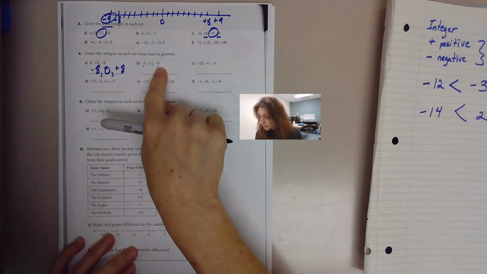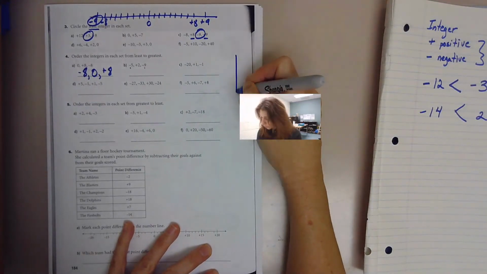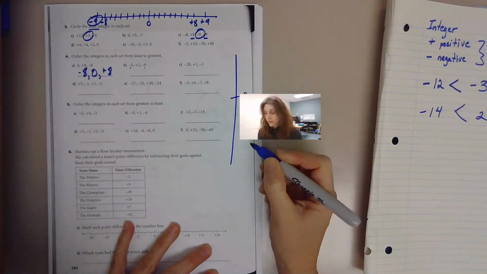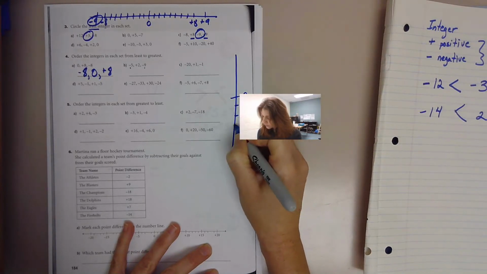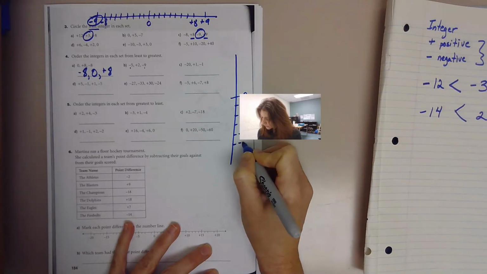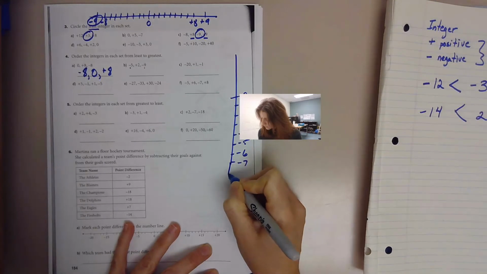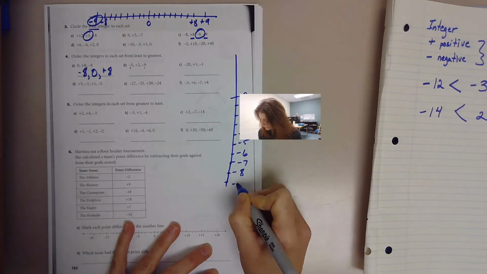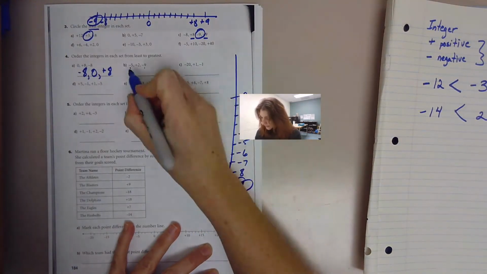So if you need to use your number line, I'm going to go up and down here vertically this time. 0, negative 1, negative 2, negative 3, negative 4, negative 5, negative 6, negative 7, negative 8, negative 9. There's negative 9. Here's negative 5.